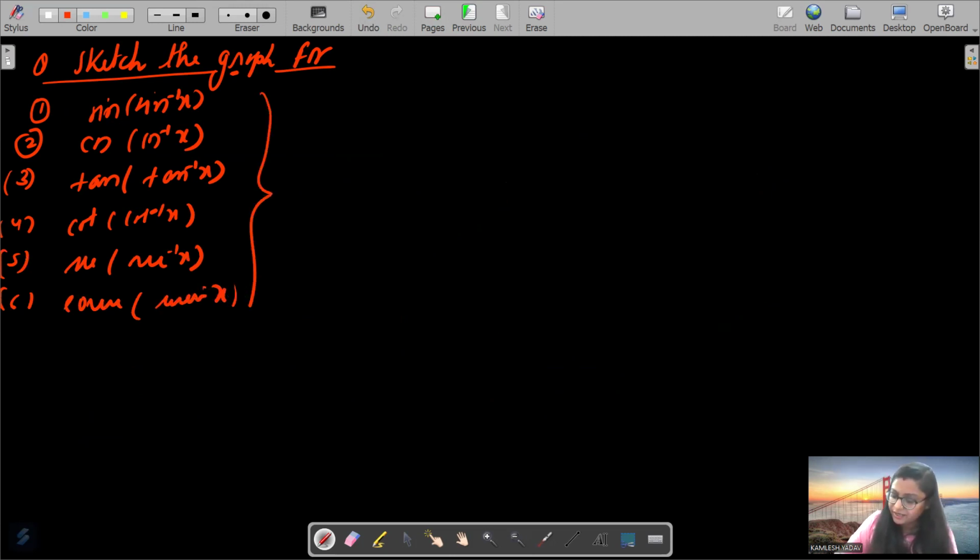Okay. See, in this type of inverse trigonometry functions, they are not periodic. Not periodic means the graphs are not repeated in a fixed interval.